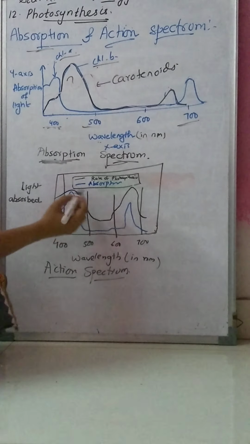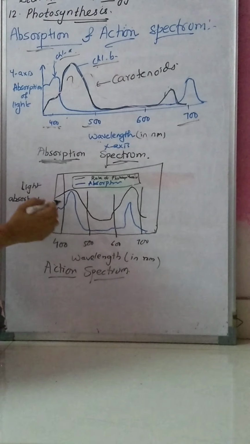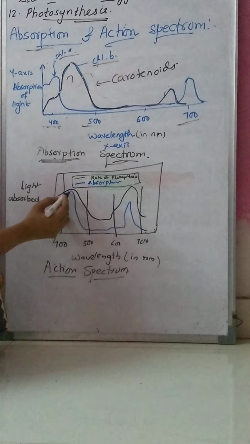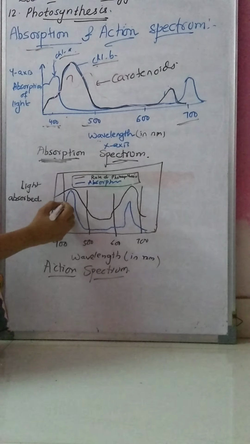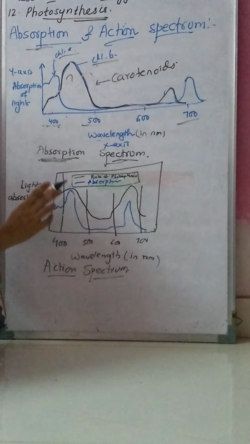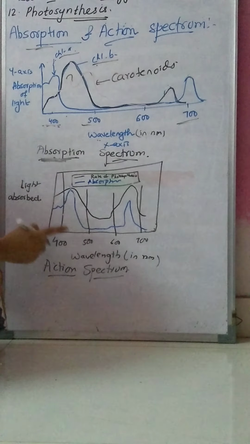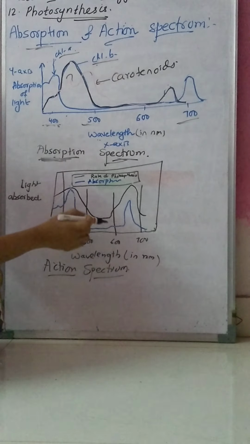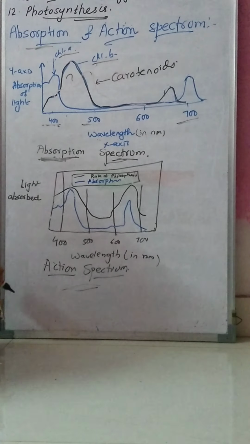In this curve you can see the close relationship with the absorption spectrum of chlorophyll A and chlorophyll B. So this curve which shows the rate of photosynthesis at different wavelengths is known as action spectrum.